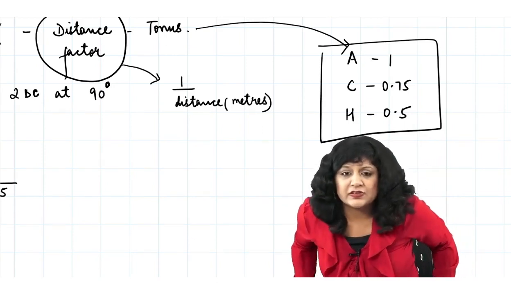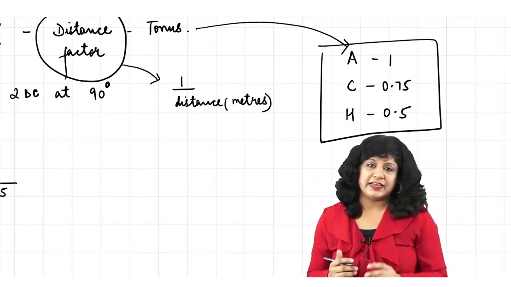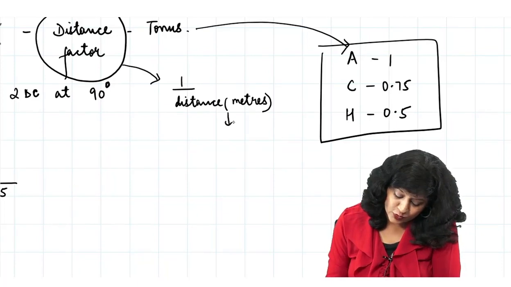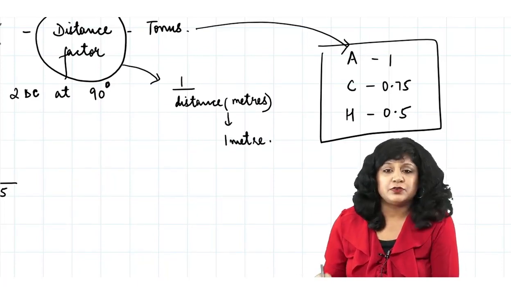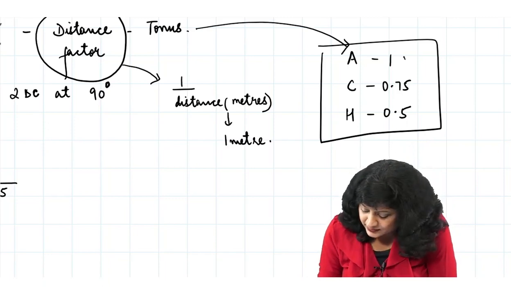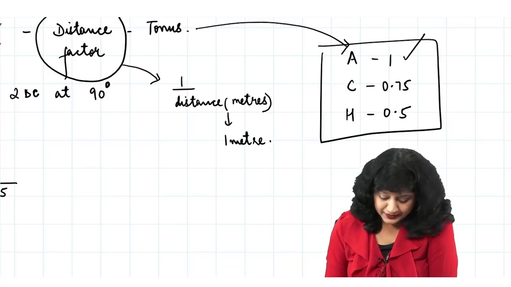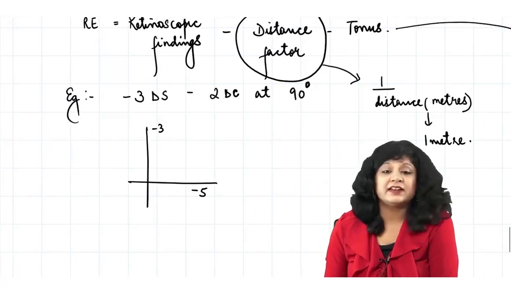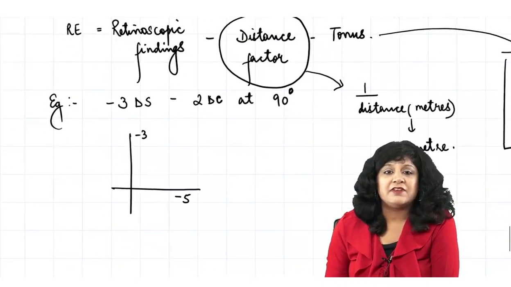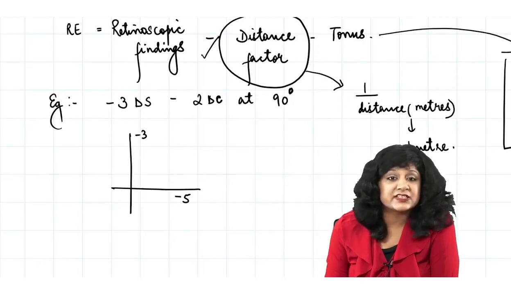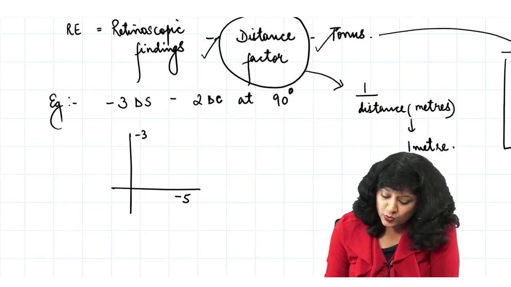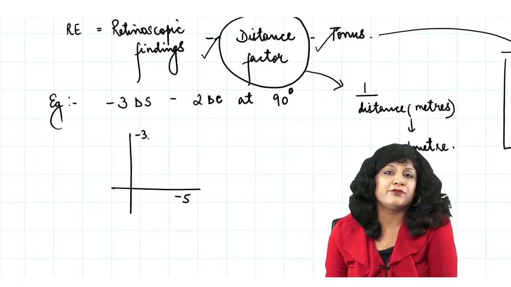Now let us take this example where retinoscopy was done from a distance of 1 meter. To make our calculation simpler, let us take that we have used atropine here. So how to get the refractive error? I will have to subtract this distance factor and this tonus from the retinoscopic findings.